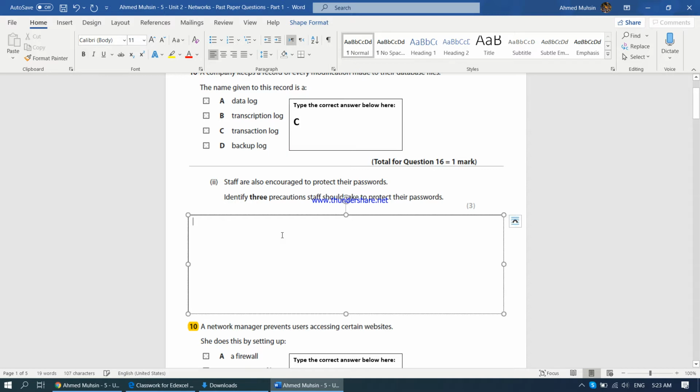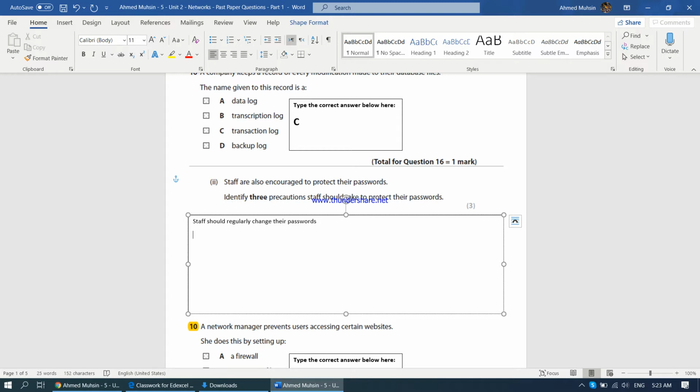The second question: staff are also encouraged to protect their passwords. Identify 3 precautions staff should take to protect their password. So when it comes to protecting your passwords, you can write this: staff should regularly change their passwords. Okay, this is a good method.